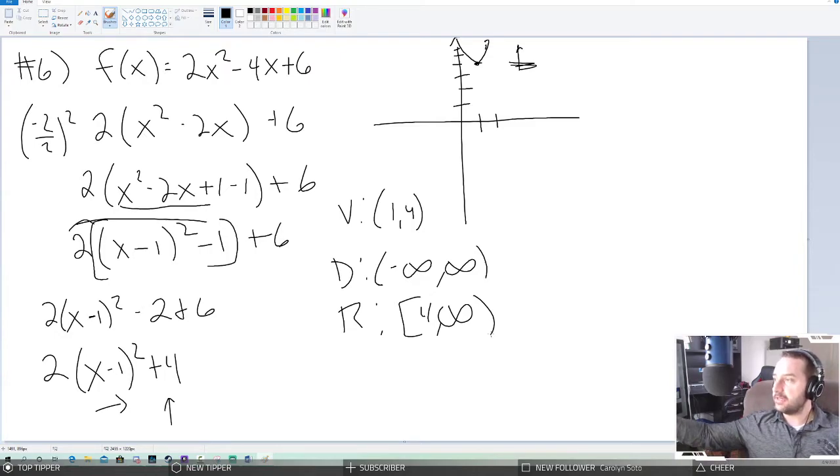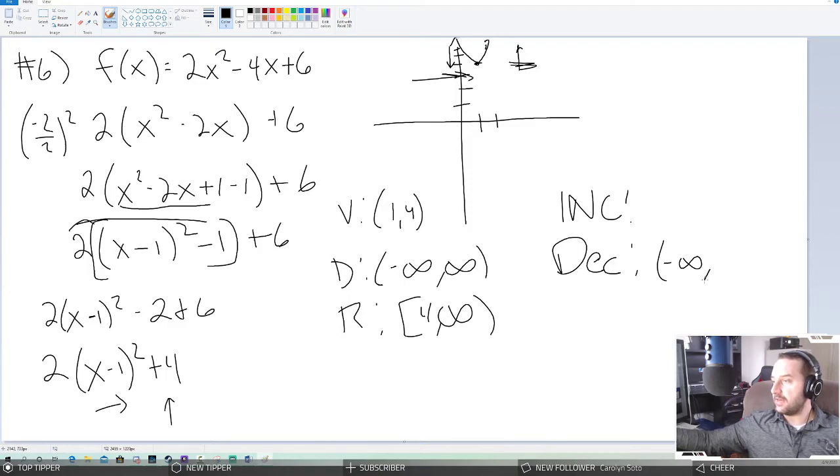Intervals of increasing and decreasing: as I'm moving this way, my graph is moving down. So it's going to be decreasing from negative infinity all the way to the x value of my vertex. And then as I'm moving this way, it's moving up. So that's going to be from 1 to positive infinity.